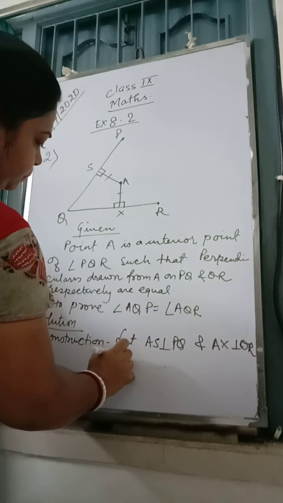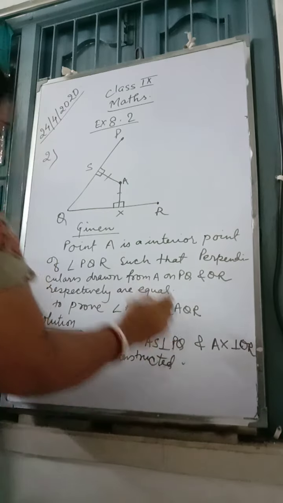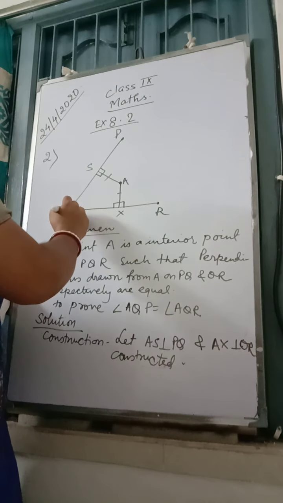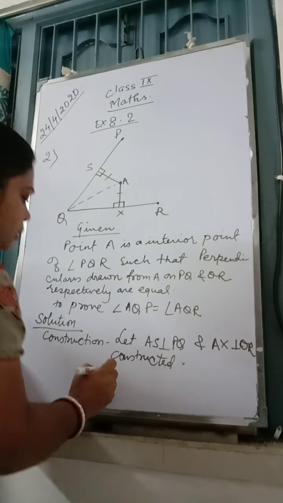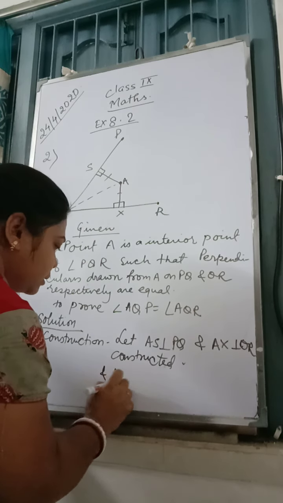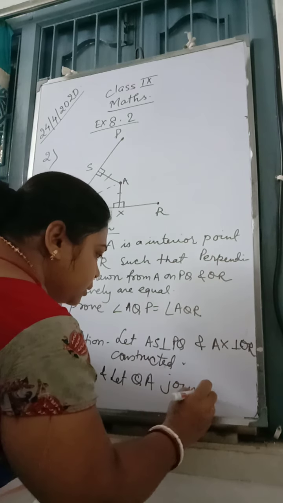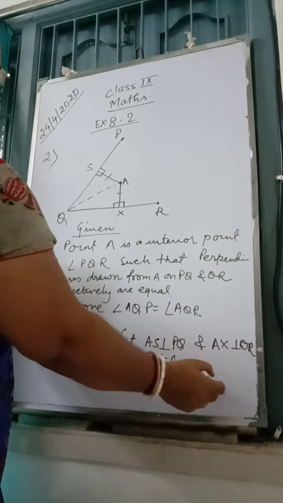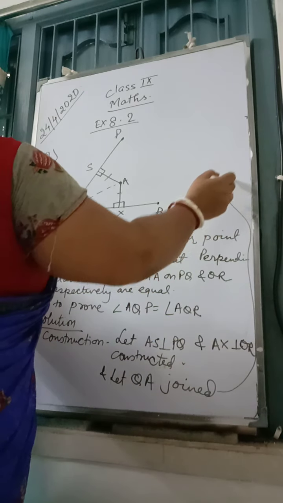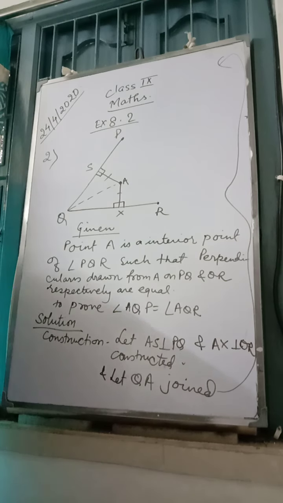Is it? This is one. And next let QA be joined. This much we have done with the construction. Clear? Now in this way only you have to write. You are solving the sum for class 9. You don't go just very fast.